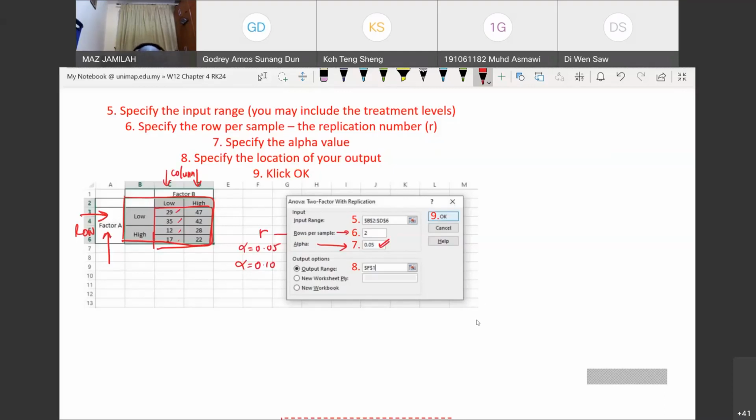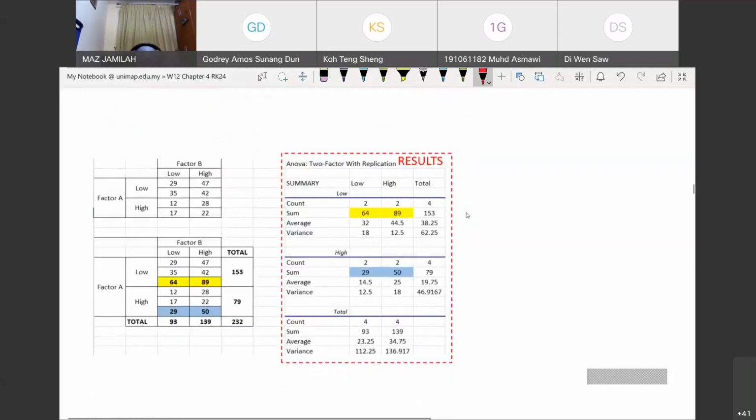Then specify your output range. I always like to have my output near my data table, so I will choose F1 where I will have my result. Then click OK. Once you click OK, this is how you will have your result.